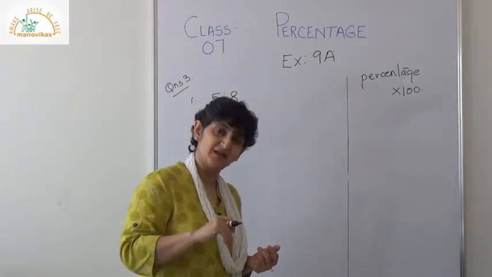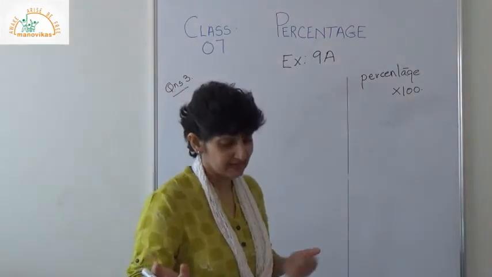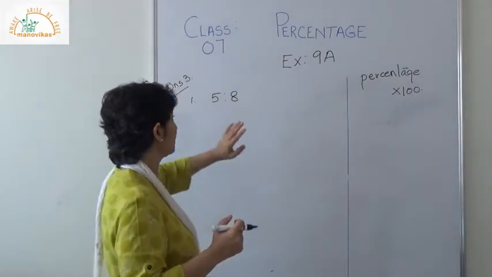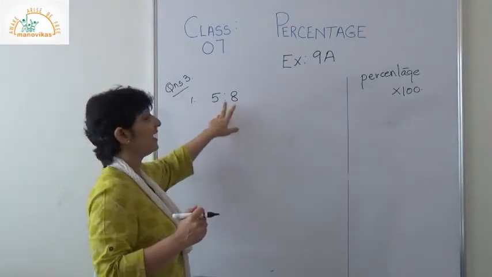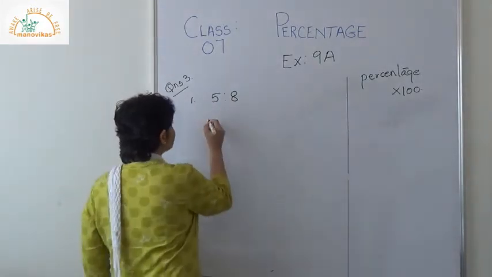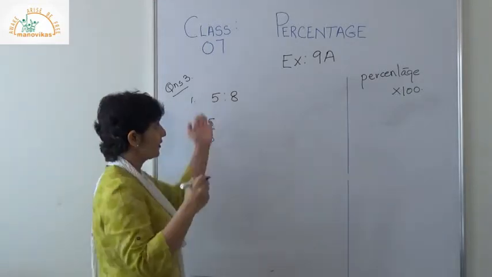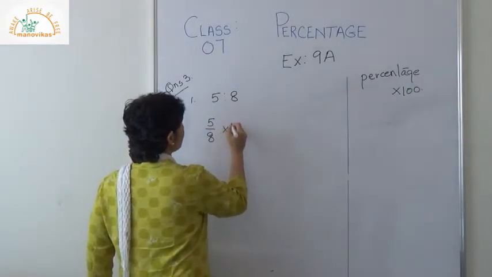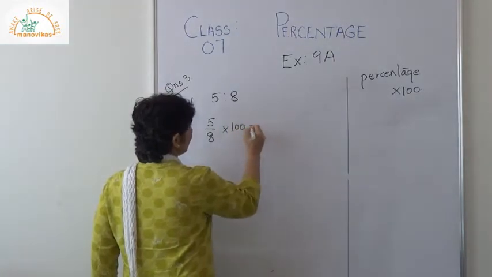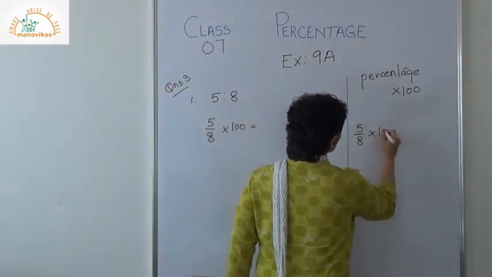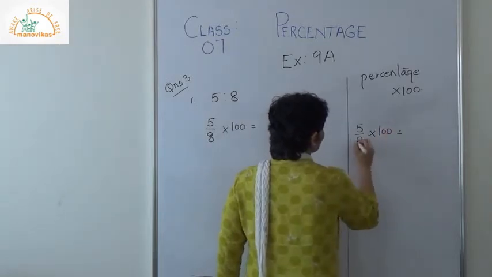Then you had a decimal, you converted it into percent. Now we have a ratio and you're converting this into percent. You also know 5 is to 8 means 5 upon 8, isn't it? When you want percent, what will you do children? Multiply into 100. So 5 upon 8 into 100.